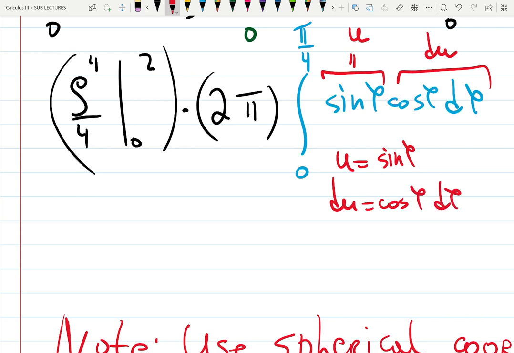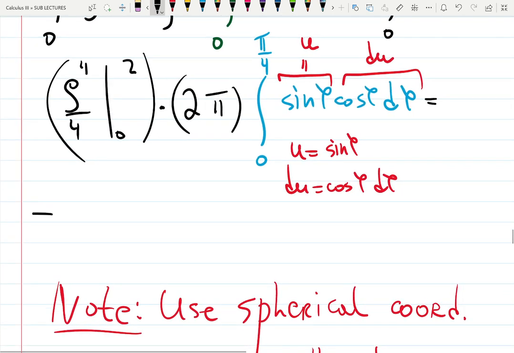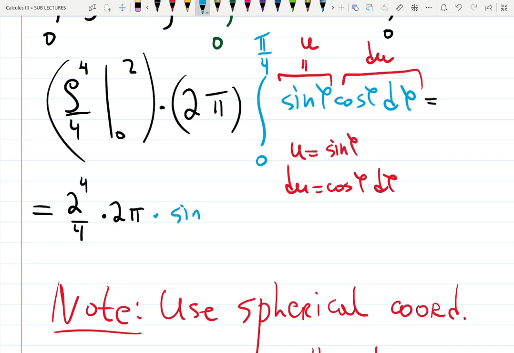You're supposed to change limits of integration. Some people don't, but then you have to go back to the original phi. So it's going to be u du. U gives you u squared over 2. So let me calculate: 2 to the 4 over 4 times 2 pi, and in blue is going to be sine squared phi over 2 from 0 to pi over 4.